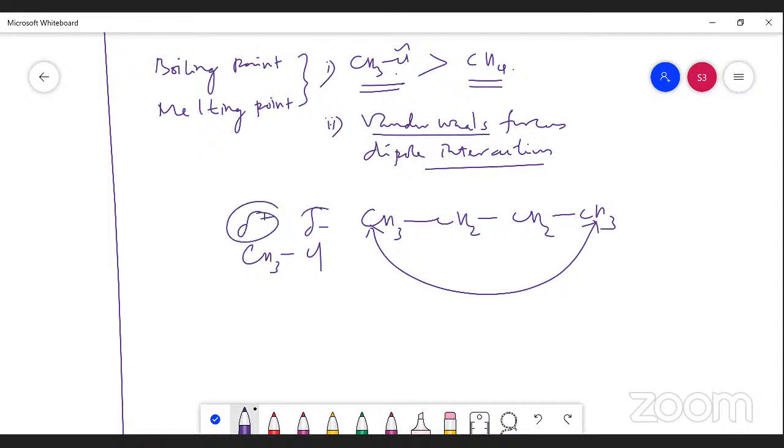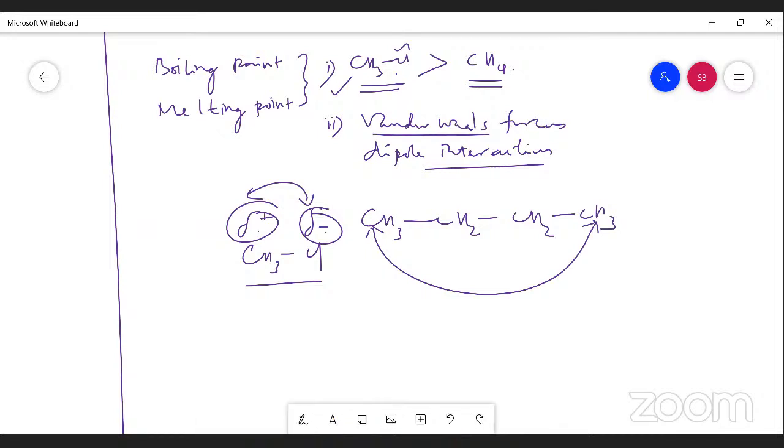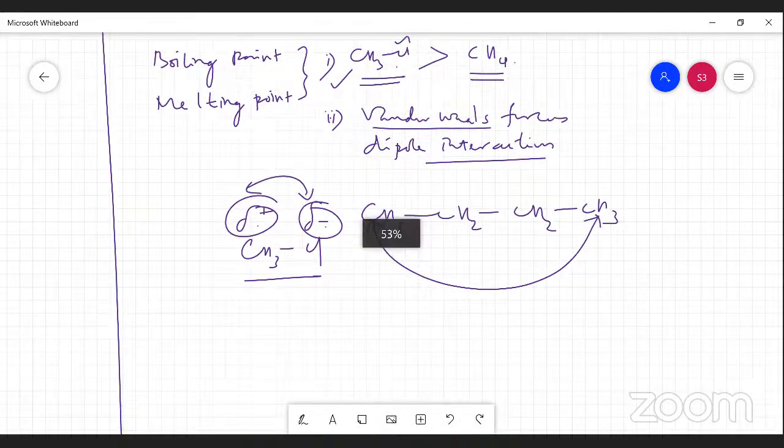These two charged species have interactions, that is dipole-dipole interactions, which are more in this case, between negatively charged and positively charged ends. That's why it has a greater boiling point and melting point.